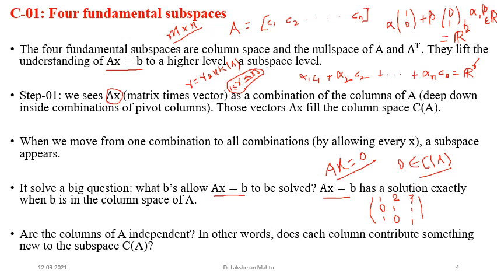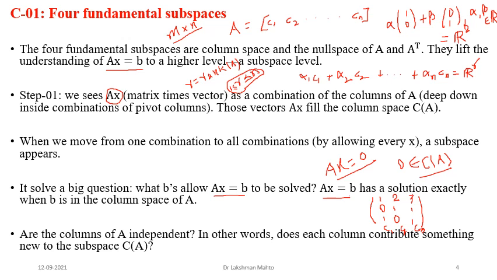Tell me, what is the dimension of this column space? We have this column, call it C1. This is the column C1. This is the column C2. This is the column C3.